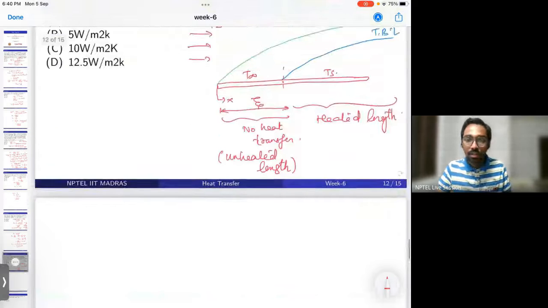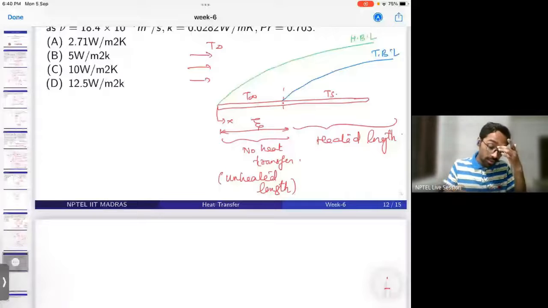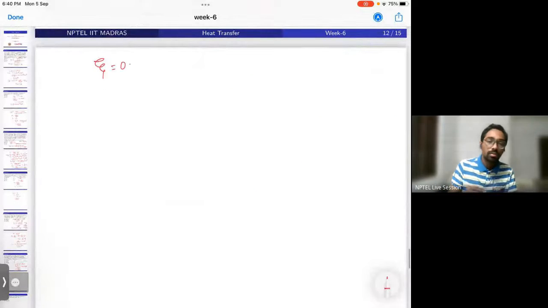So this is our normal case where there is no unheated starting length, so epsilon is equal to 0. Both the thermal and hydrodynamic boundary layers start from the leading edge itself.